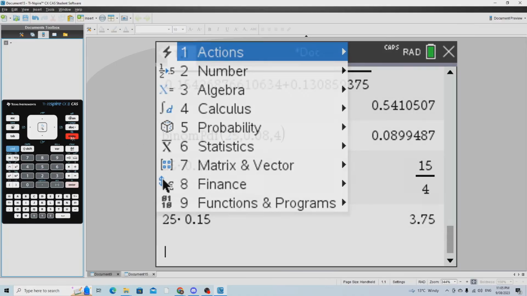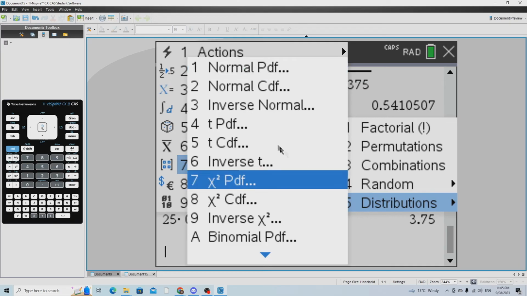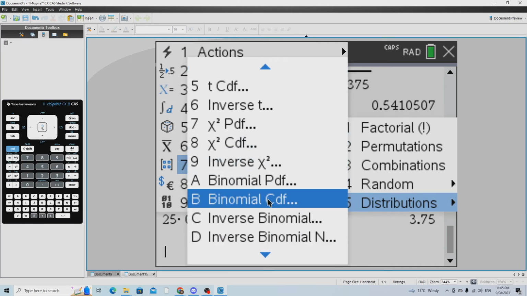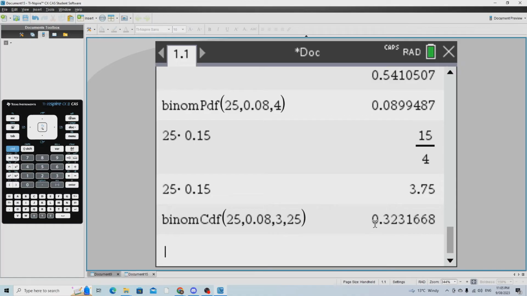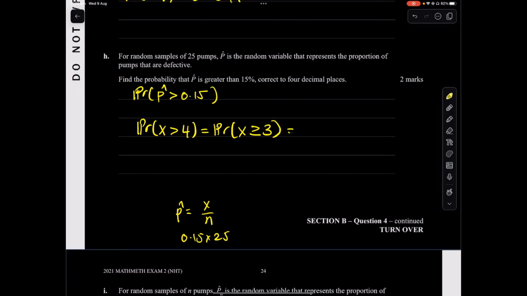Go on menu, probability distributions, binomial CDF, 25 trials, probability of success 0.08, lower bound 4, and the upper bound is 25. So 0.3232. Is that right? I found the probability that p hat is greater than this, correct to four decimal places. Yeah, looks right.